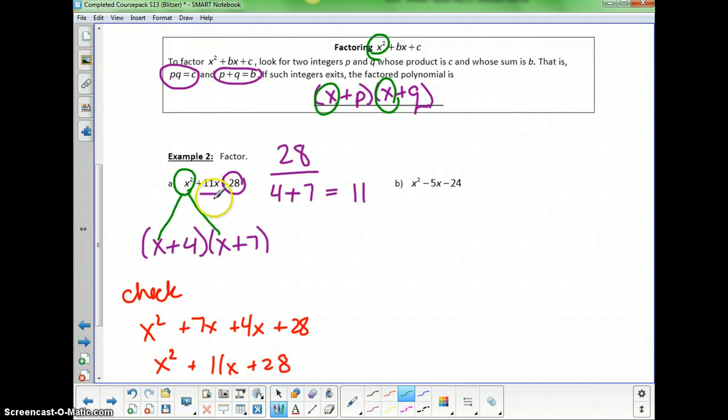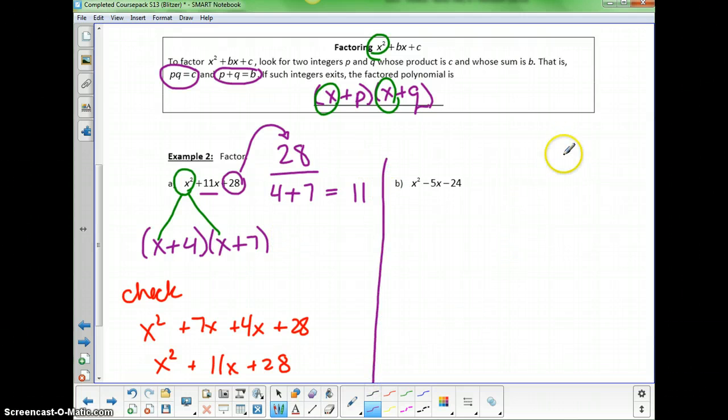I could go on and list millions of ways to add to a number, but to multiply to a number there is only a small number. So we always start with the last number. Always start with things that multiply to 28 and try to find a set that adds to the middle number.